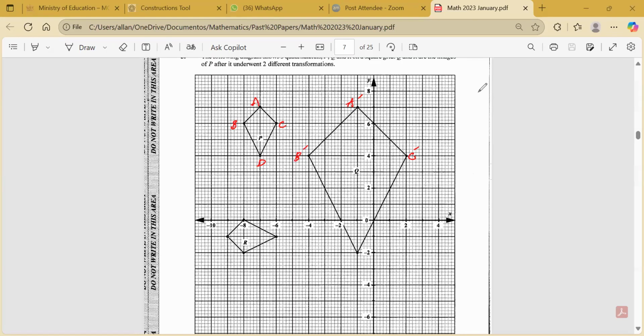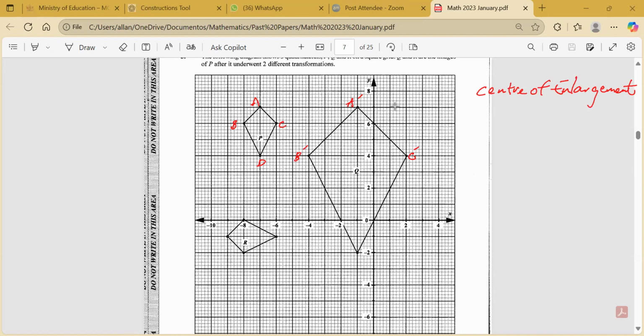I want to find my center of enlargement, or COE.